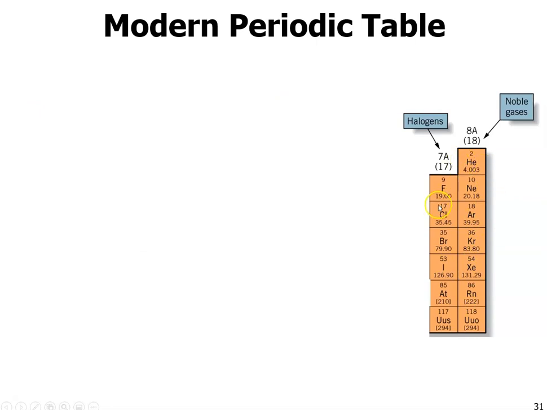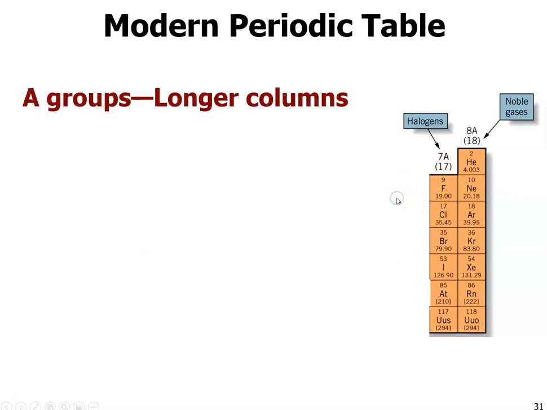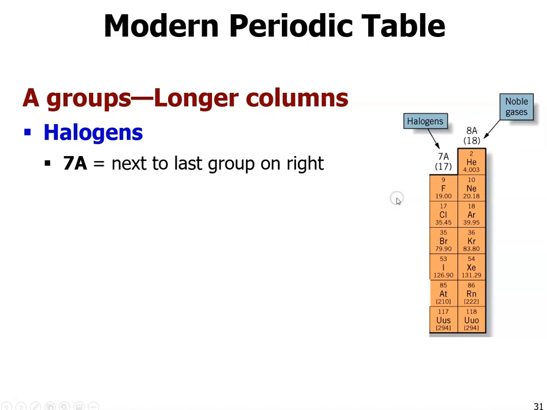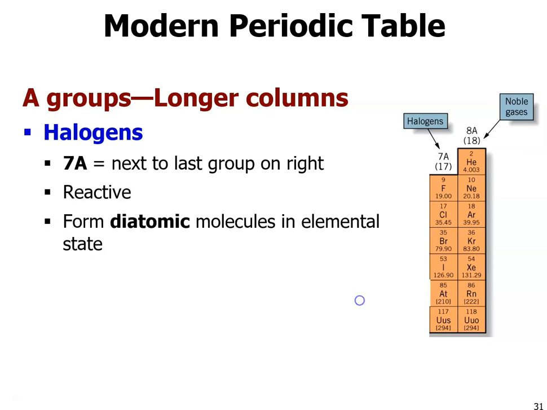When we go over one column to 7A, we have, again, the A group, longer columns. These are the halogens: fluorine, chlorine, bromine, iodine, and astatine. And these bottom ones are typically more manufactured in the lab rather than found in the natural environment. These do form diatomic elements, and they are more reactive than their counterparts, the noble gases, just to the right of them.